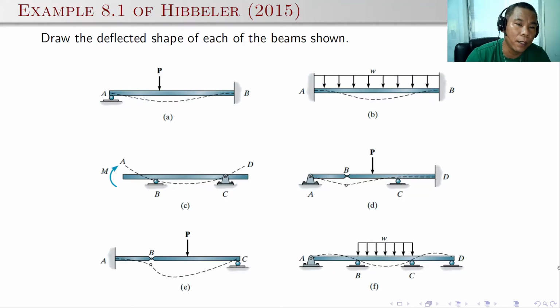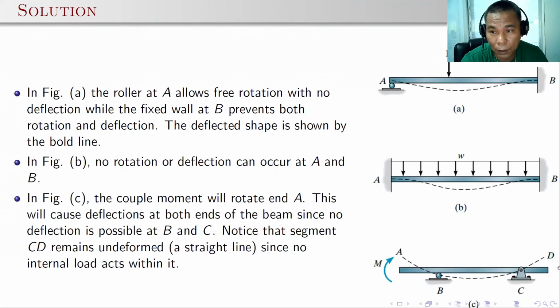So for the different beams, for the first beam, a propped beam, the roller at point A allows free rotation with no deflection. So as you can imagine, there will be no deflection here, but there is rotation. But at point B, this is a fixed wall that prevents rotation and deflection.